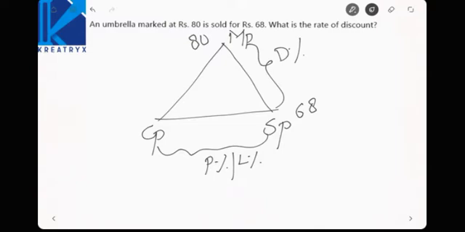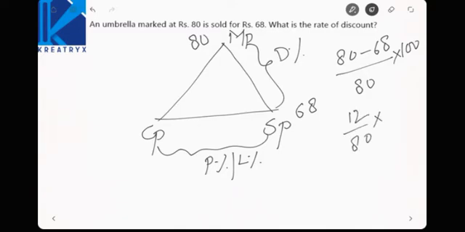Now what is the discount percentage here? You have to find it on market price: 80 minus 68 by 80, into 100. 12 by 80 into 100 will lead you to 15 percentage discount. Okay, next one.